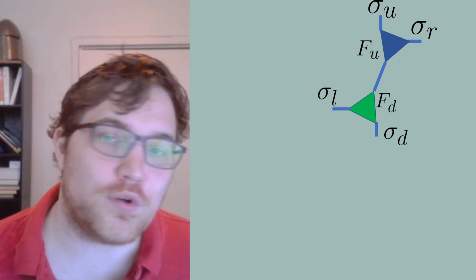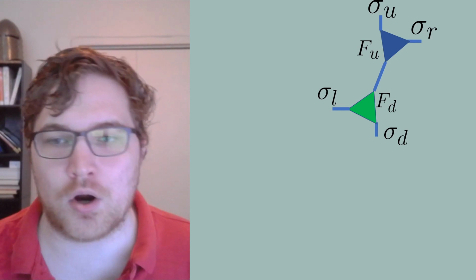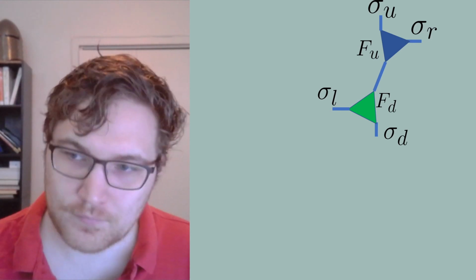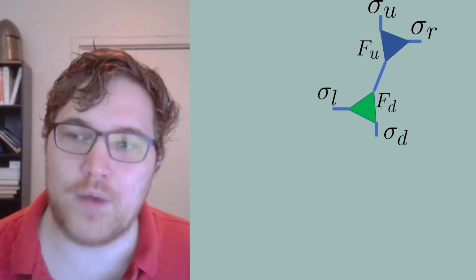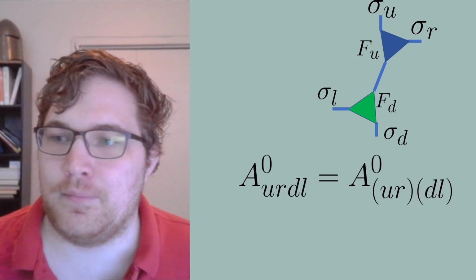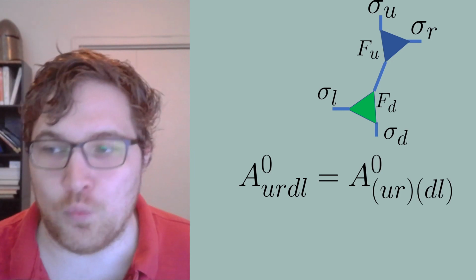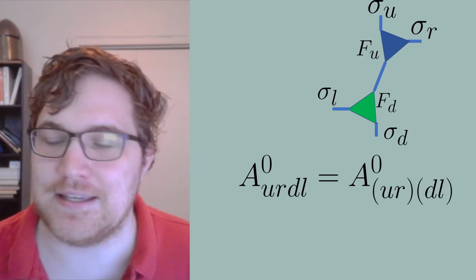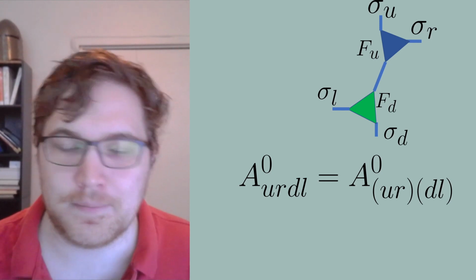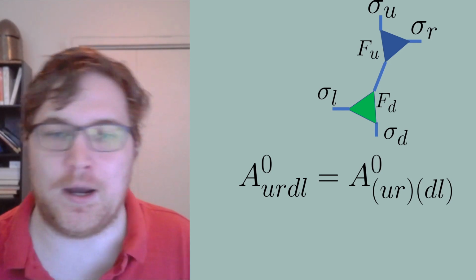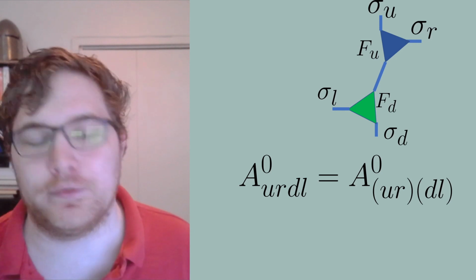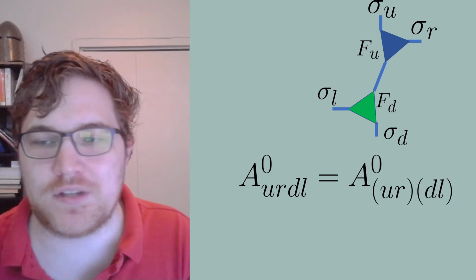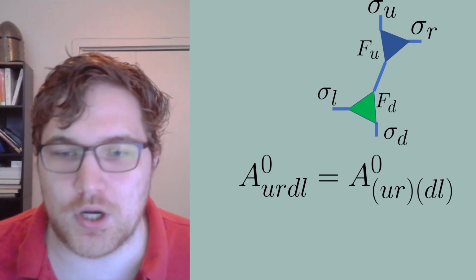indices. The first step is to deform our rank 4 tensor into a matrix by grouping U and R indices into one index, and the same for the D and the L indices. This gives us a matrix that we call A0. We can then factor this matrix using the singular value decomposition.